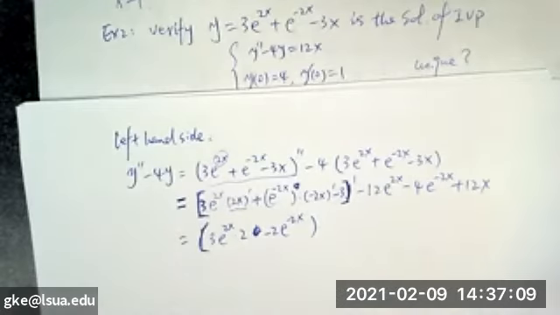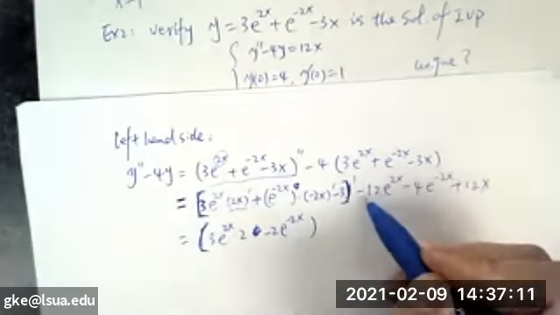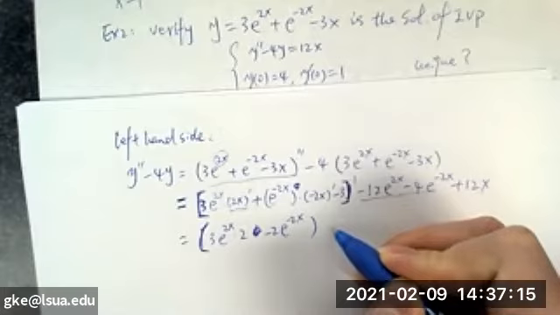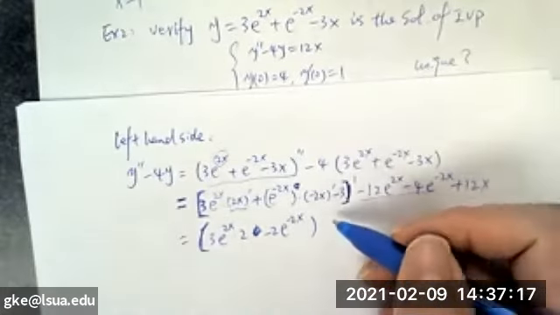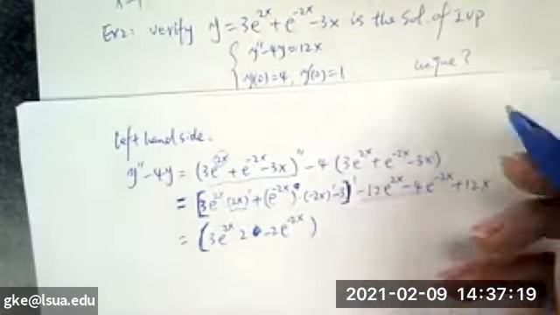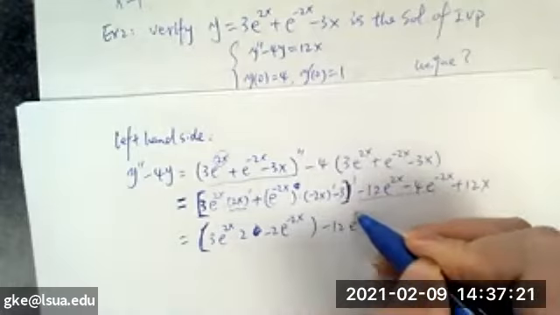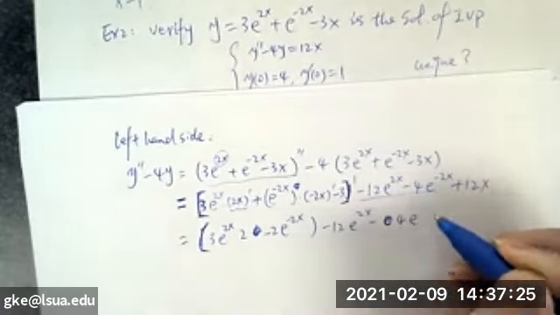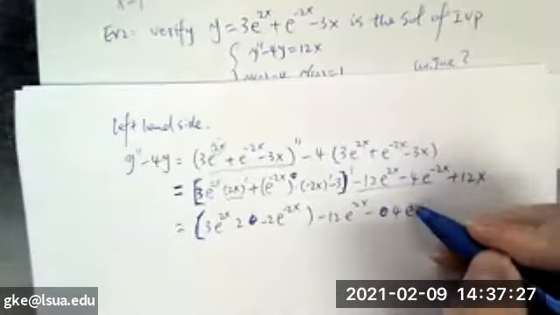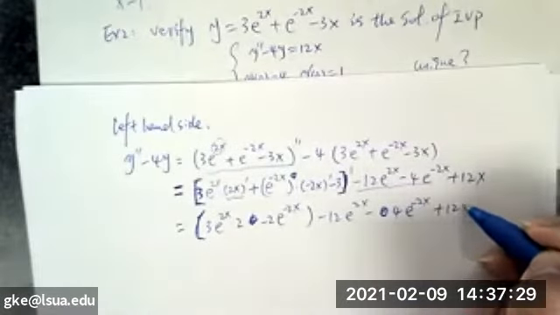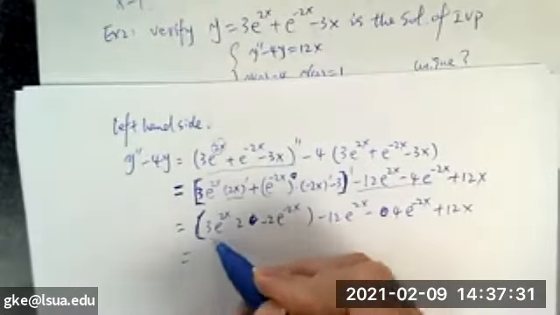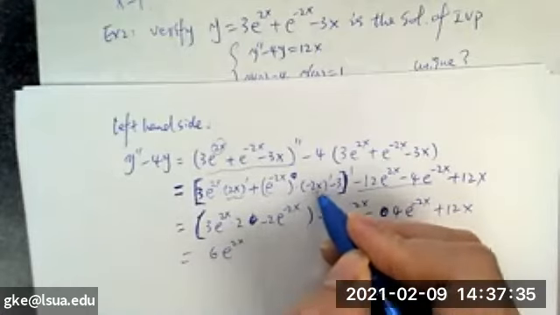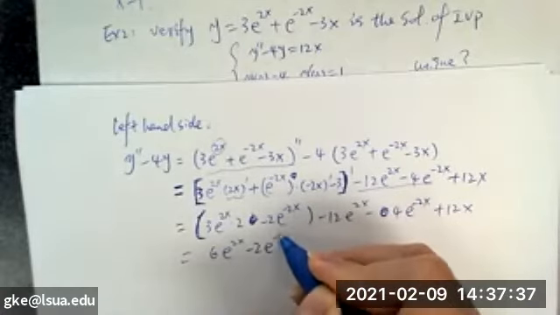Okay, so what we're going to get here is -12e^(2x). Copy it. And here is 6e^(2x), -2e^(2x).